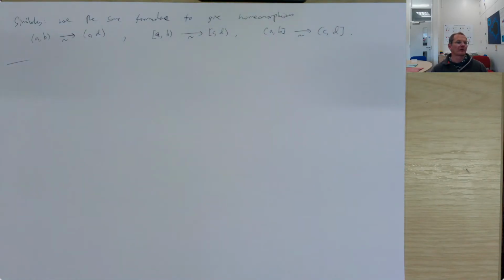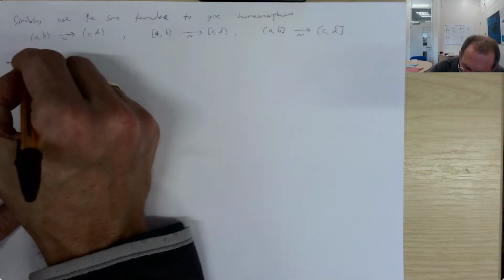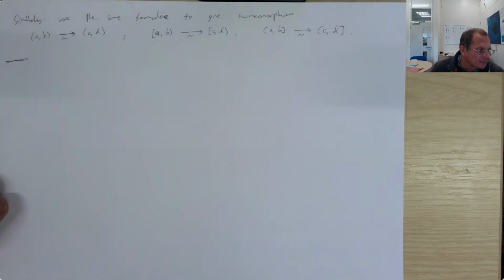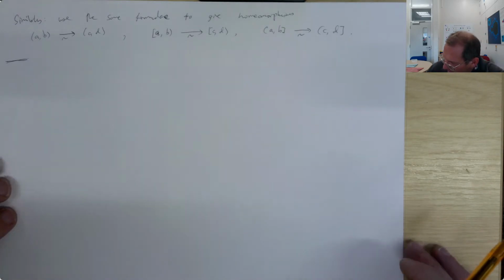However, these are all still finite intervals. We might ask about whether the infinite intervals are the same or different. And so we're going to prove, in fact, that the infinite intervals are homeomorphic to the finite intervals, but we're going to do that in slightly greater generality.